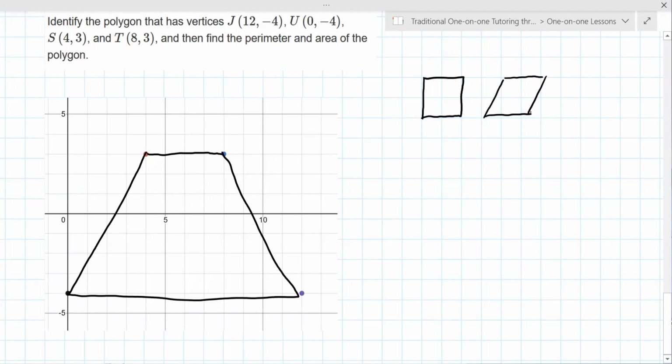It's got 4 sides, but they're not even. There's only one set of parallel sides. Okay, so go to the internet and do a search for one set of parallel sides.